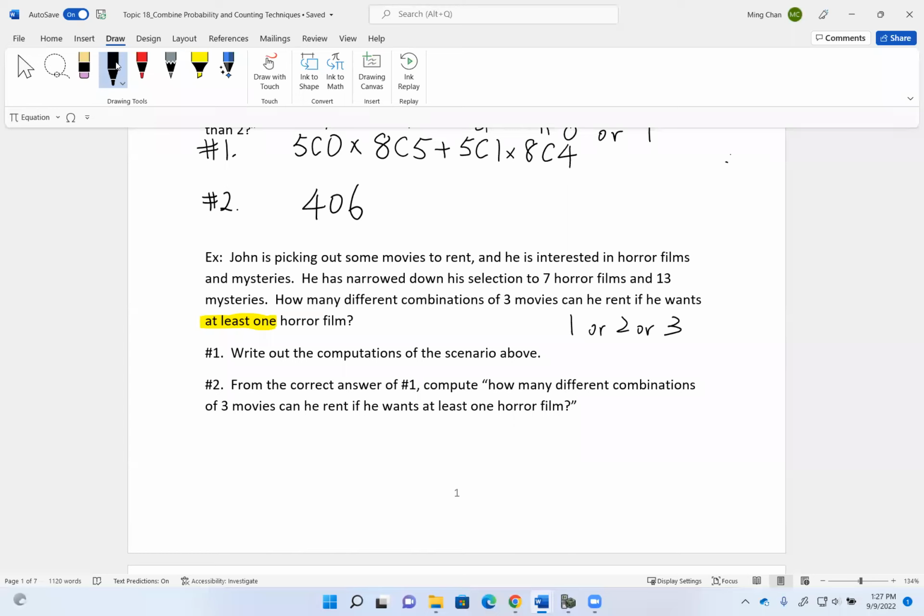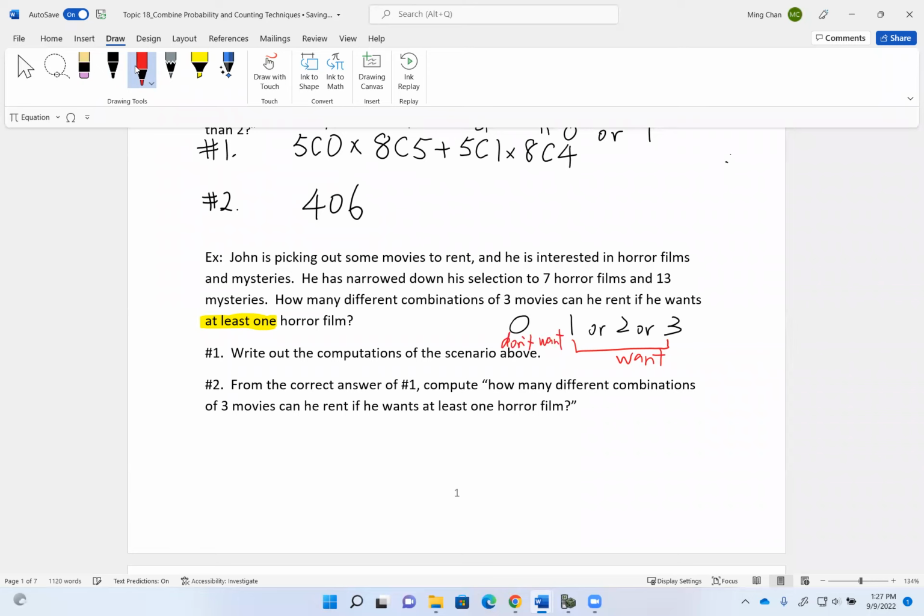He can select 0 horror films, or he can select 1 horror film or 2 or 3. These are the possibilities. At least 1 horror film means what he wants is 1, 2, or 3. So what he doesn't want is 0 horror films.